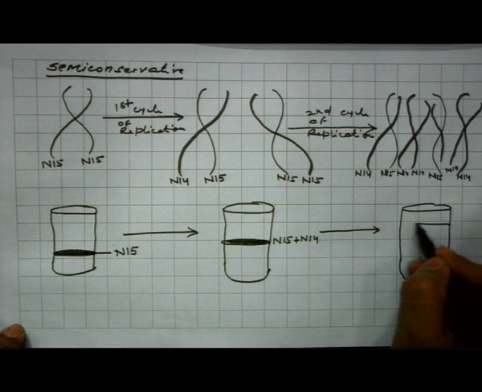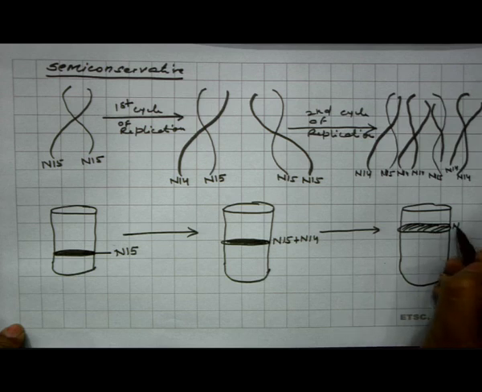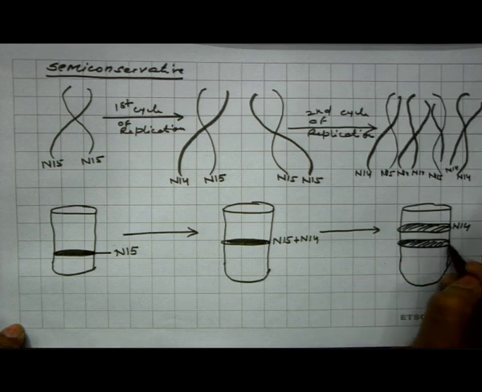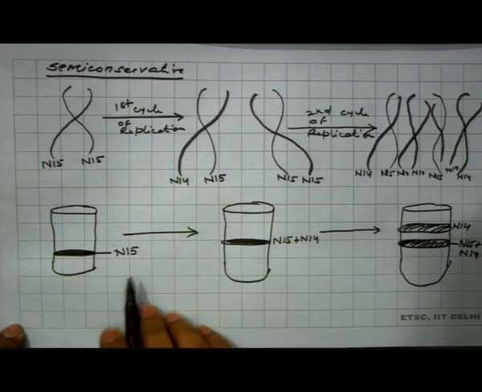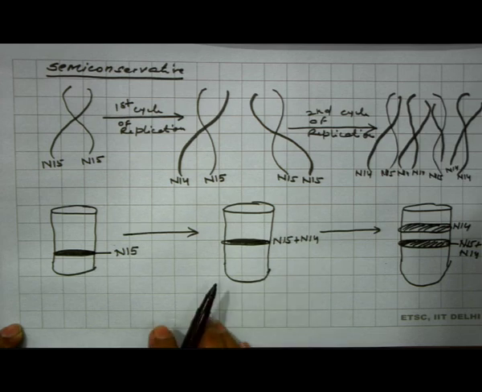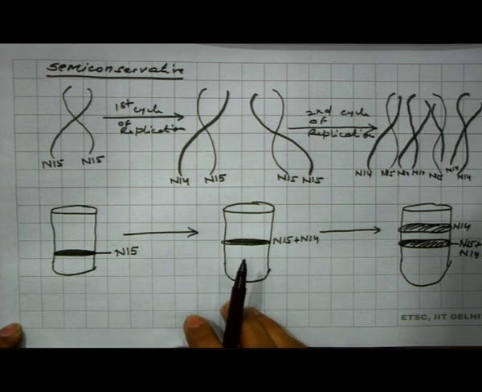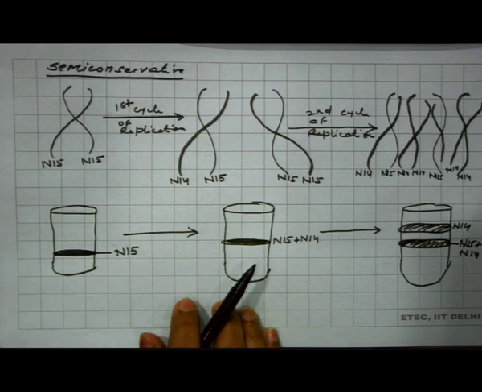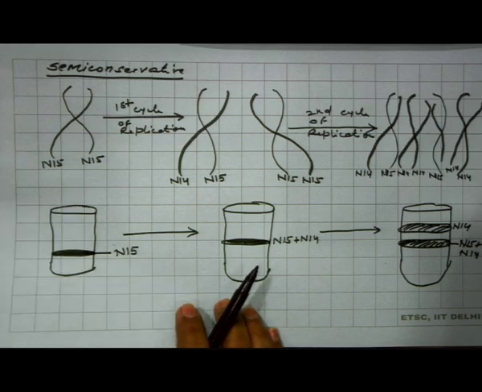So, here the result will be one band of N14 and another band of intermediate of N15 and N14, and this result was exactly the same as that obtained by Meselson and Stahl. So, hence they proved that DNA replication is the semi-conservative mode of replication. We can see the result in conservative also.